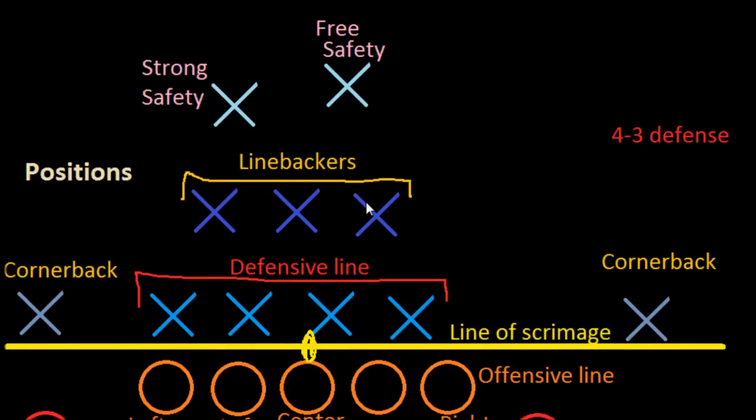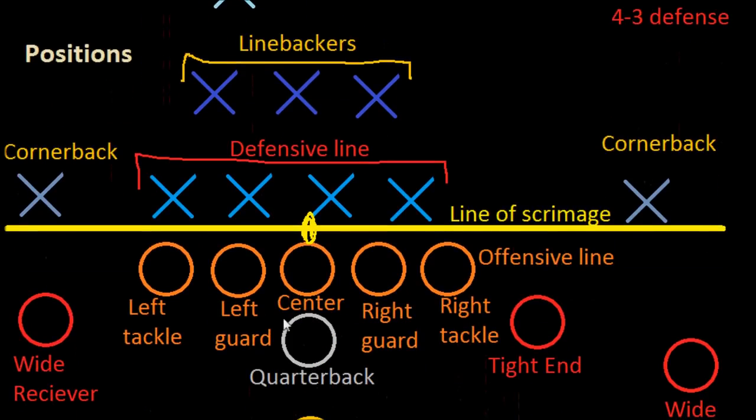And so again, this is not the required way that these guys line up. Just like offense, the defense has some leeway in how they want to position their players.